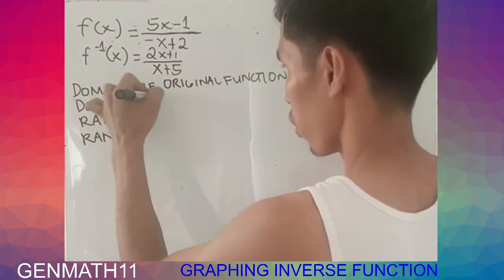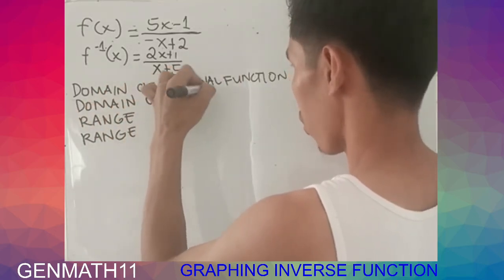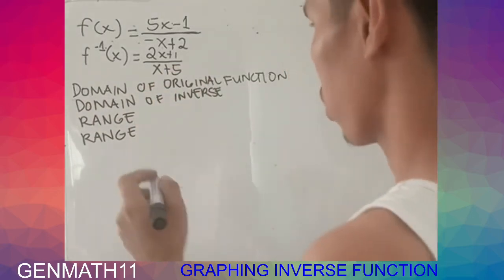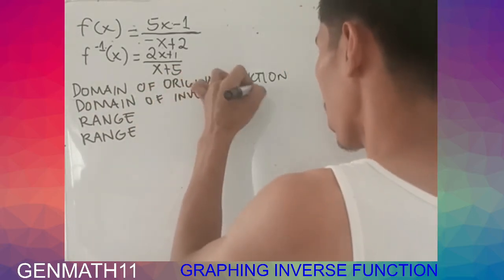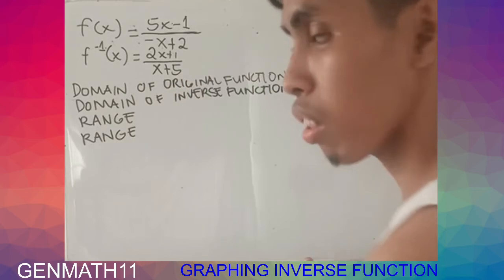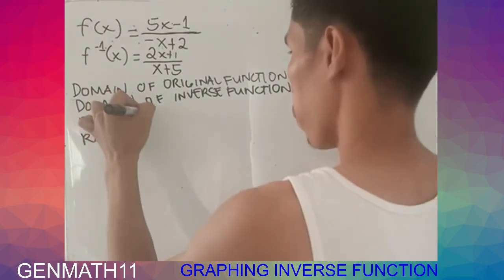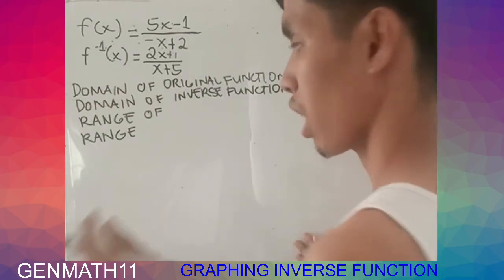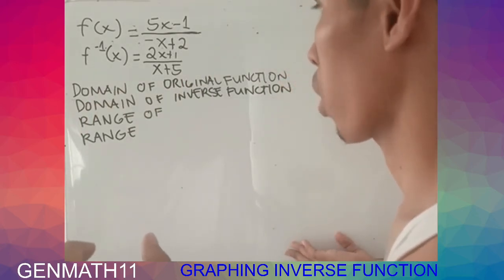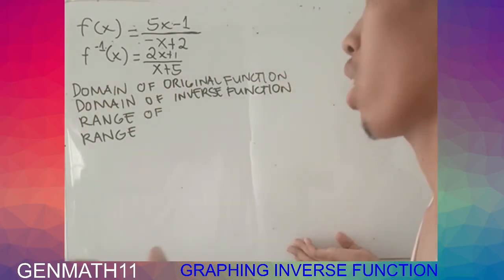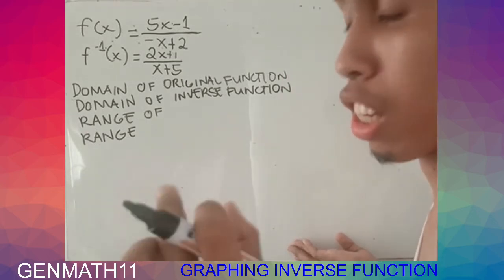Tapos, ito yung domain of inverse. Hindi ko lang alam kung kasya dito. So, yung inverse of 1-to-1 function ay parehas lang ni inverse function, since si 1-to-1 function is the only function that has inverse.